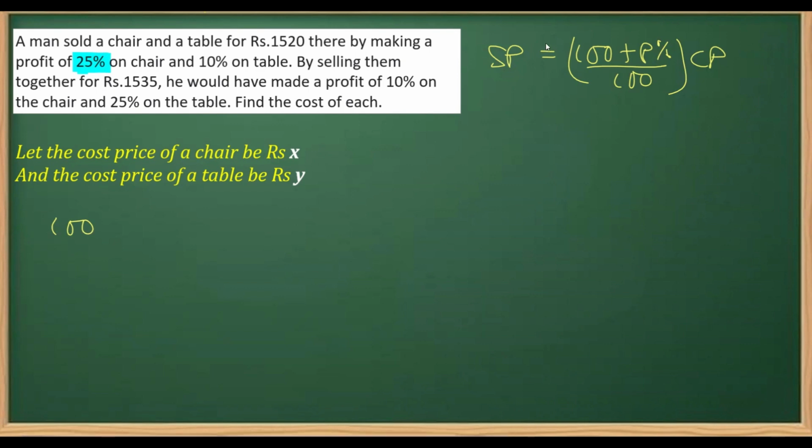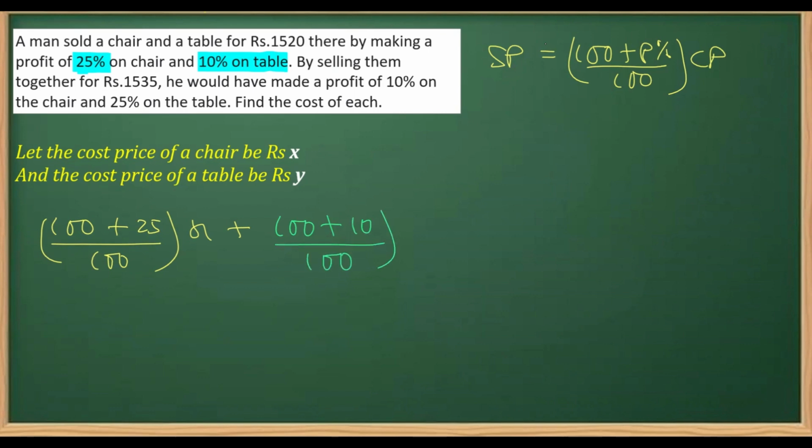So it should be (100 plus 25) over 100 multiplied by the CP, and CP is X, plus similarly the selling price of the table, where he is earning 10% profit. So it is (100 plus 10) divided by 100 and multiplied by the cost price, which is Y.